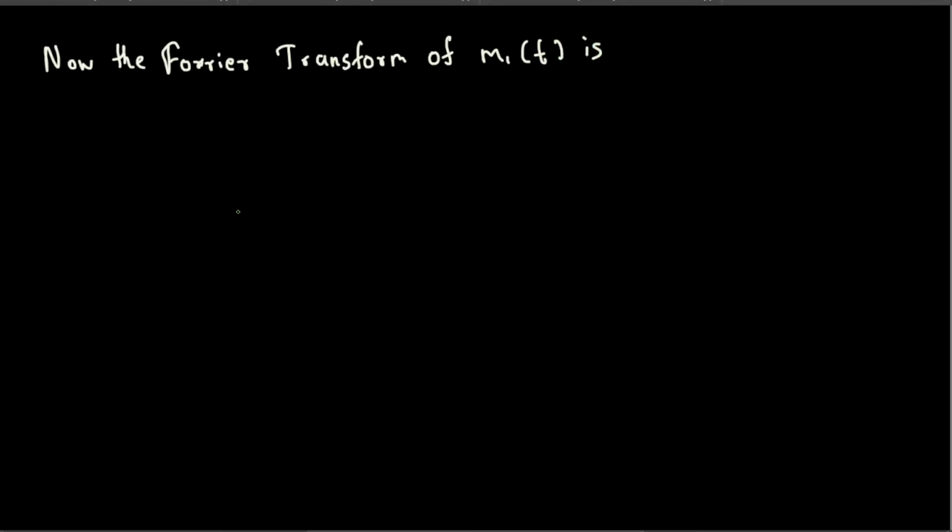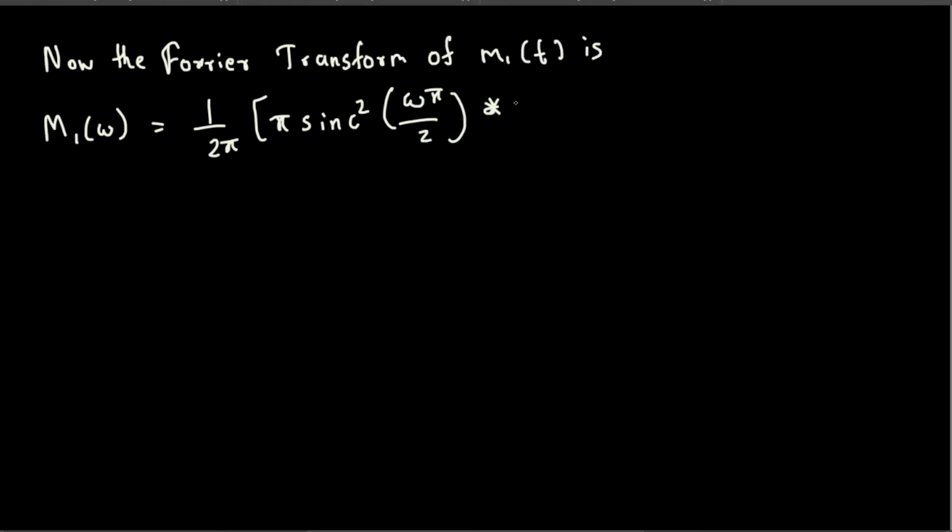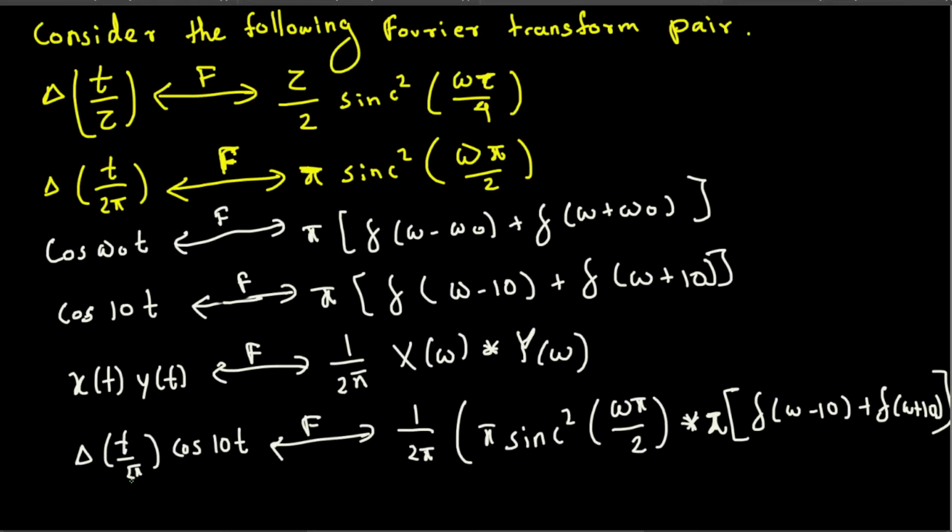The Fourier transform of m1 of t, M1 of omega, is 1 over 2 pi sin squared of omega pi over 2 convolved with pi times delta of omega minus 10 plus delta of omega plus 10. I just copied the one we wrote before.